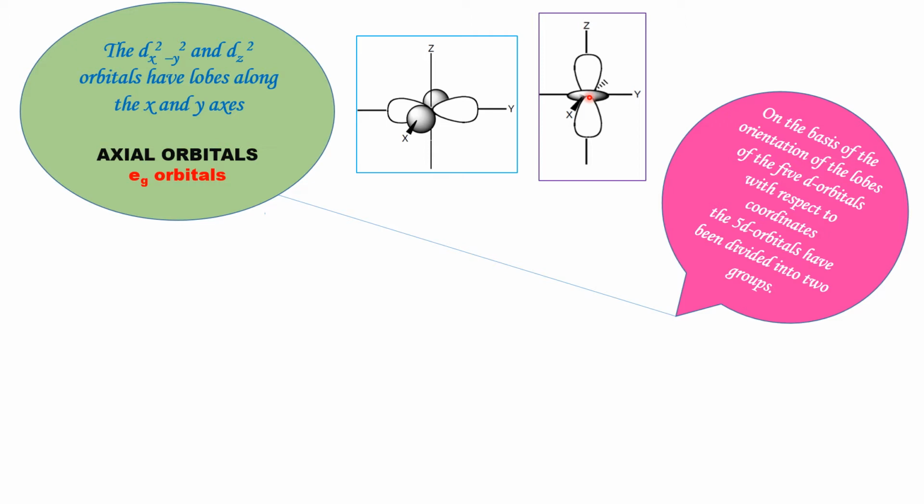According to group theory, the axial orbitals are called eg orbitals, in which the two orbitals are doubly degenerate.